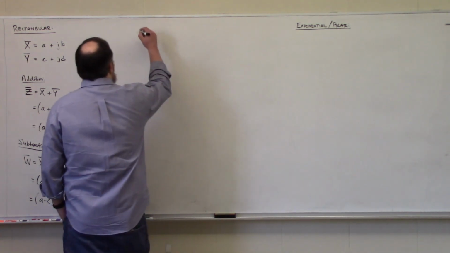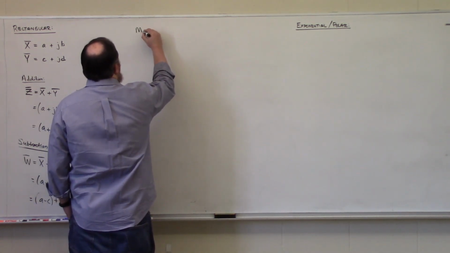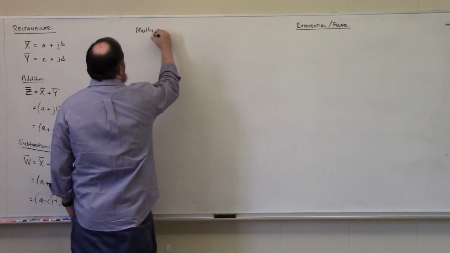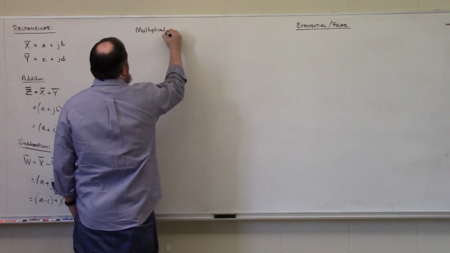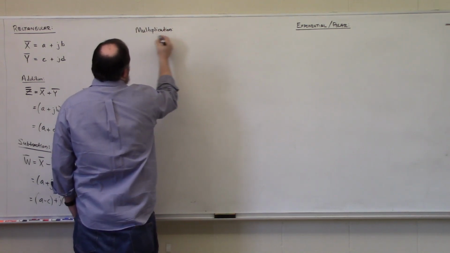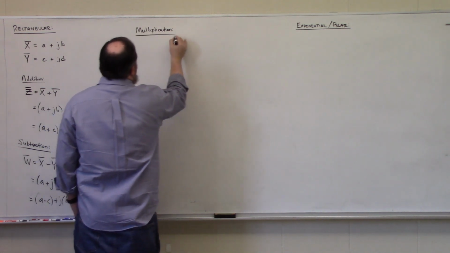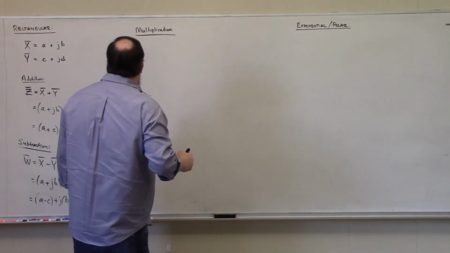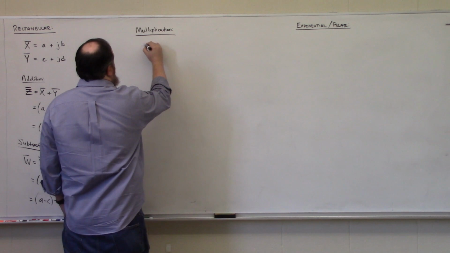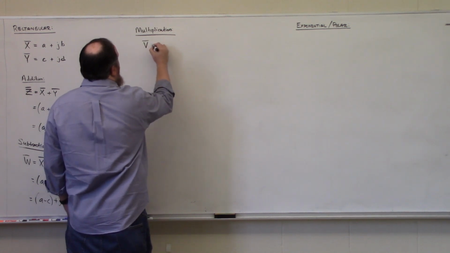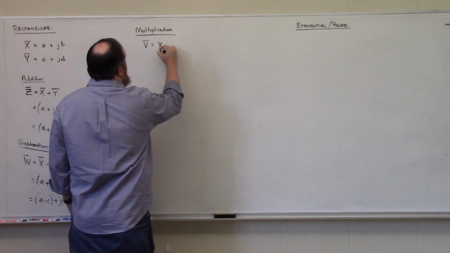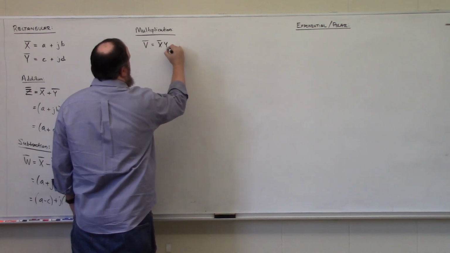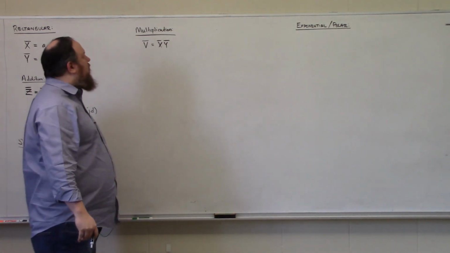Multiplication is a little bit more difficult. Let's define a complex number v as the product of x and y.